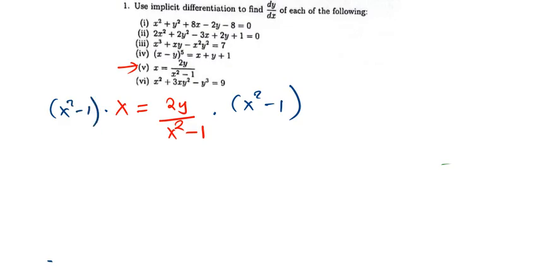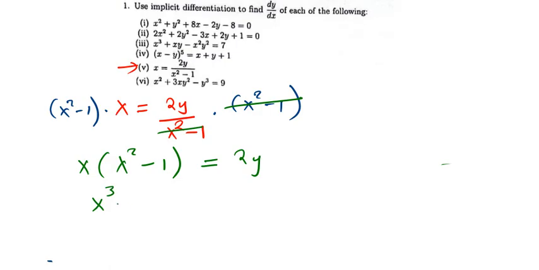On the right hand side, this is going to disappear. On the other side, we're going to have x multiplying with x squared minus 1 equal to 2y. So we have x times x squared is x cubed, minus x, equal to 2y.